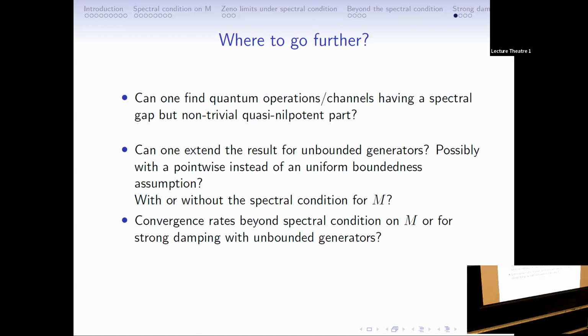And then the result we have without the spectral condition is completely non-quantitative. The strong damping is also non-quantitative, so we would love to have something quantitative there. Unfortunately, our proof does not really give that.